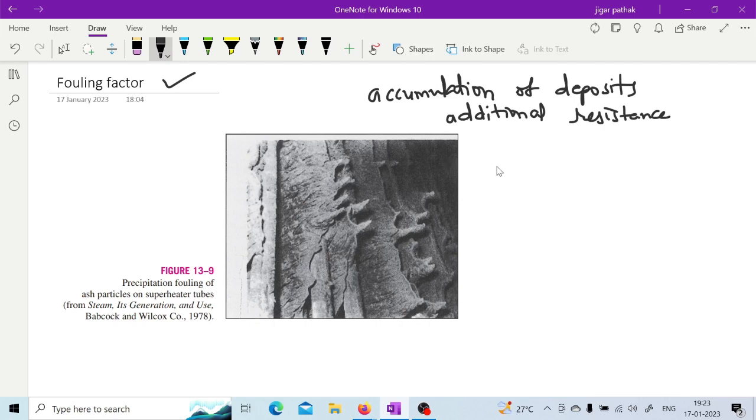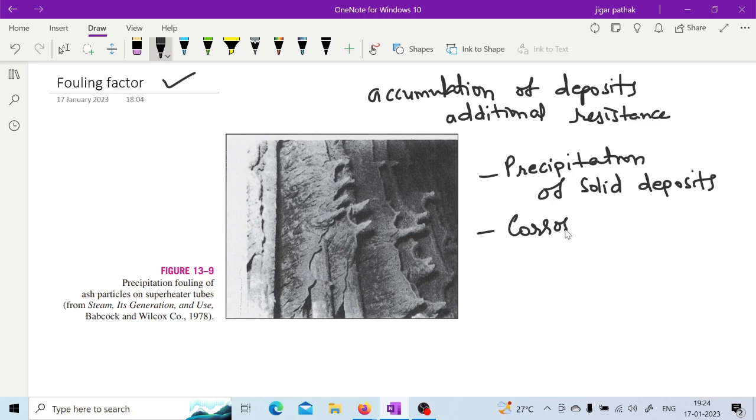Now what are the different factors which can result in this increase in resistance? One is precipitation of solid deposits on the heat exchanger's wall, or corrosion of those heat exchanger walls.